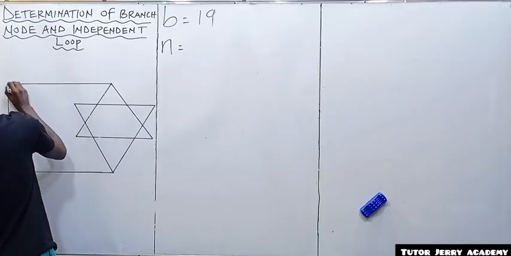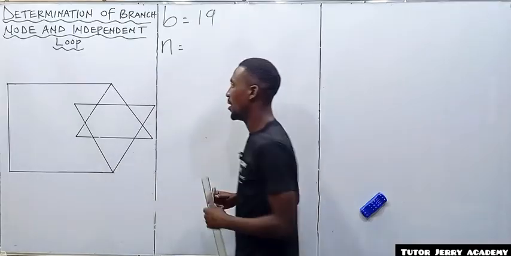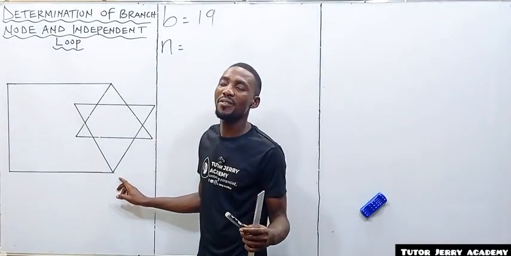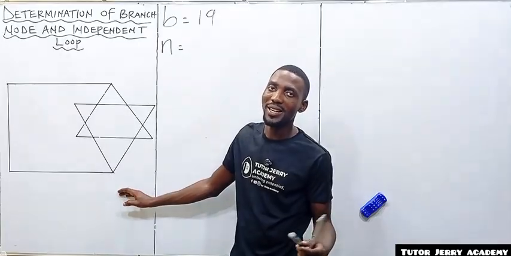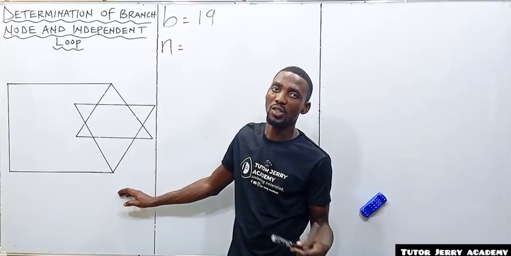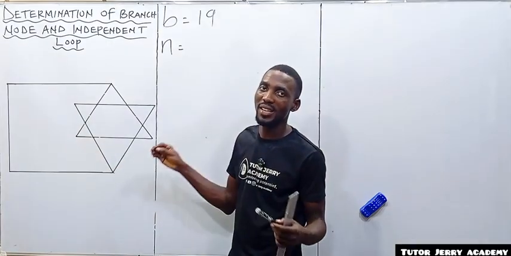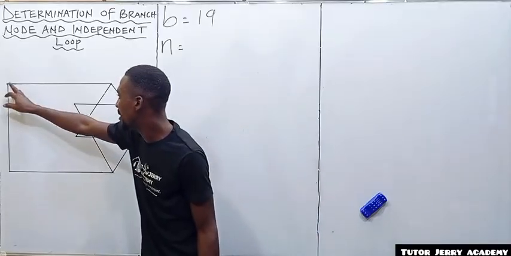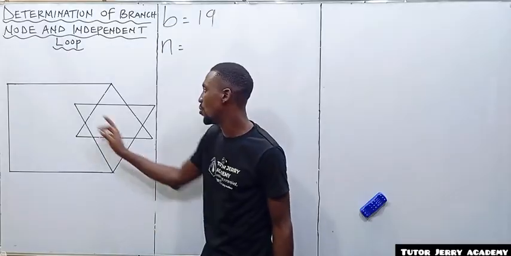Don't forget that anytime we have a wire or a short circuit connecting two or more resistors, voltage sources, or current sources, we take that wire or short circuit as a single node. So from this point to this point here is taken as a single node.